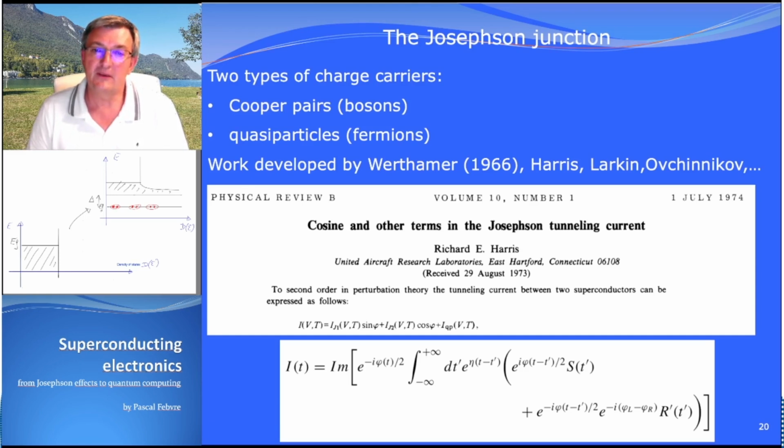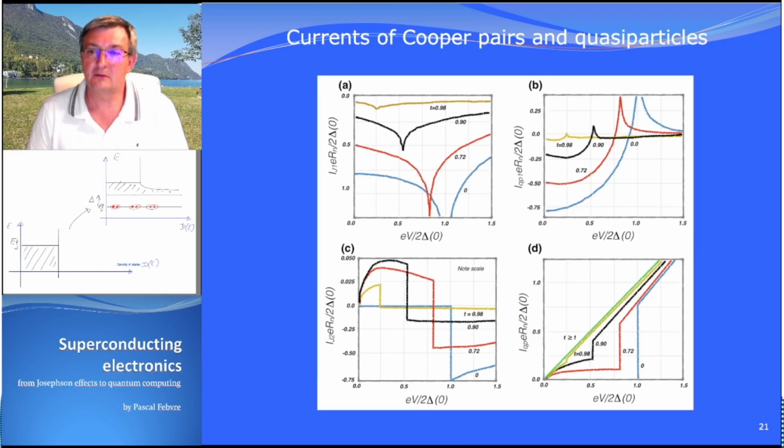So if you check these currents of Cooper pairs and quasi-particles, you can see as a function of the gap energy or gap voltage, if you want, the voltage across the devices, which is normalized to the gap energy at 0K.